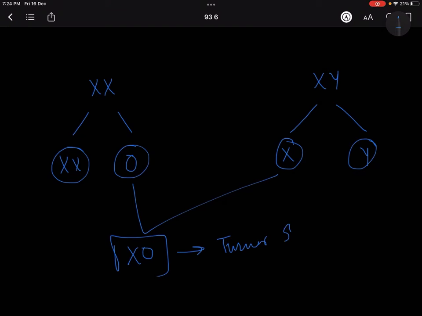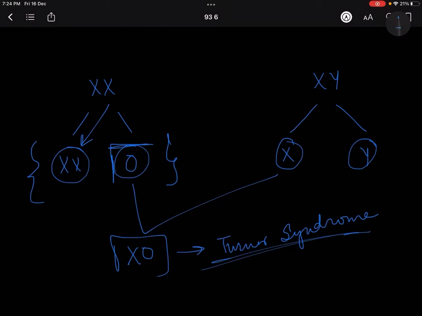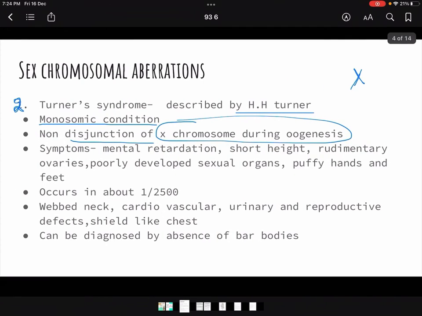This happens due to non-disjunction. That means they did not separate during the oogenesis. That is why at one place there was a 0. So X0 condition is Turner syndrome.